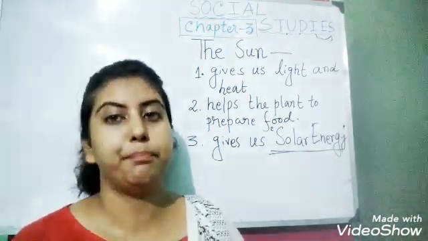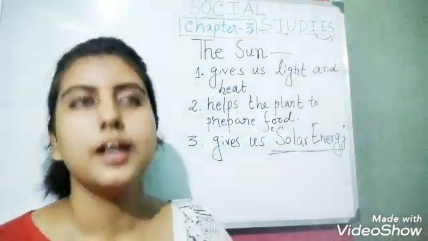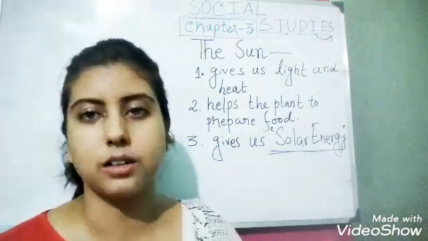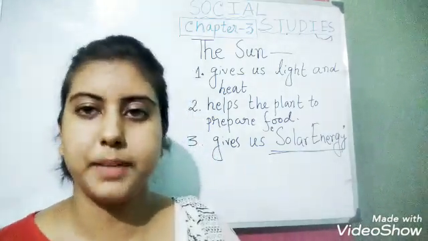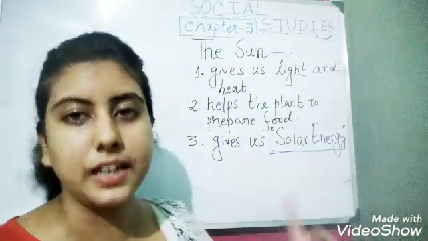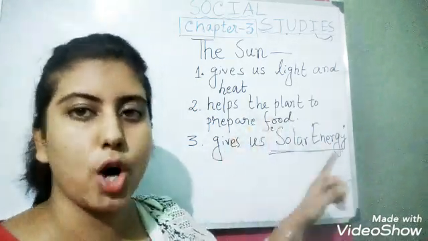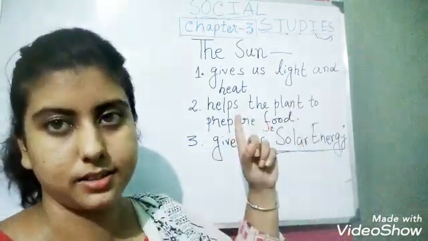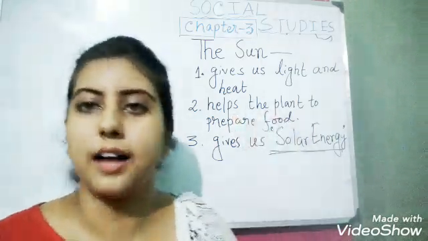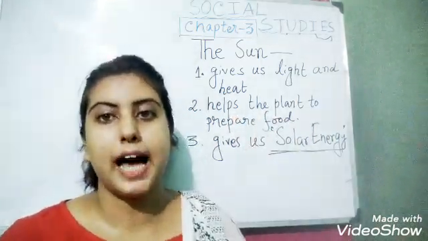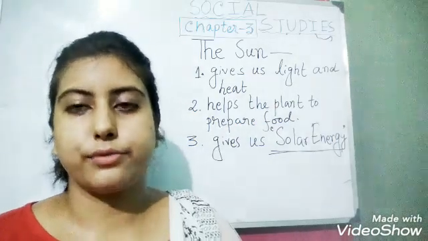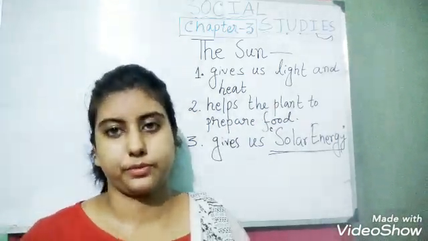We can see plants, animals, human beings like us on Earth because the Sun gives us the proper amount of light and heat. Without the Sun, there would not have been life on Earth.